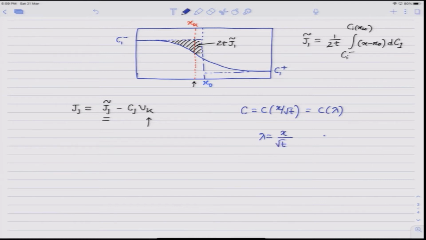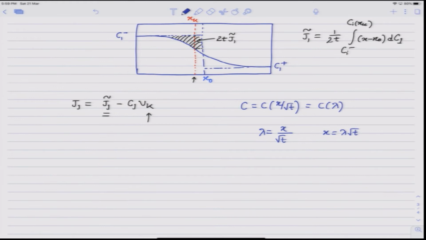So we can also write x is equal to lambda root t. To find Vk, it is nothing but the change in distance coordinate with respect to time of the composition plane corresponding to lambda, that is C1 at xk.